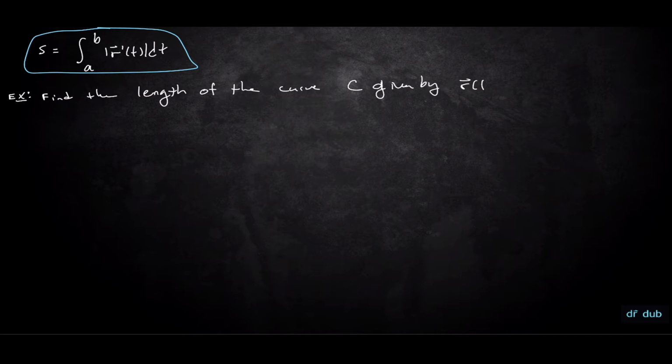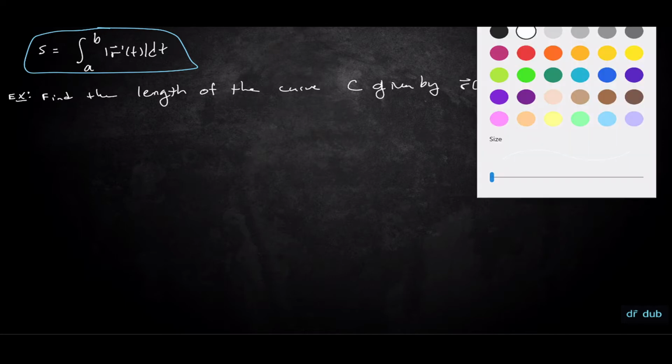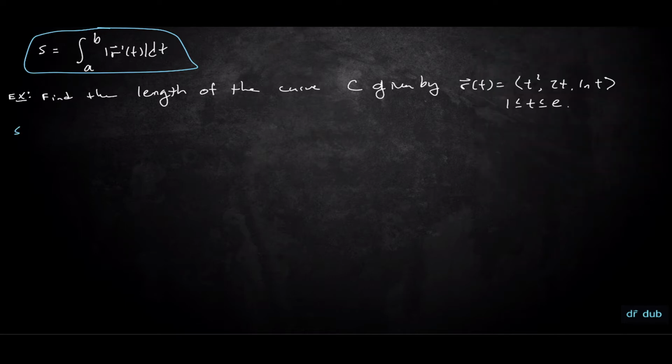r of t equals t squared, 2t, natural log t, and t goes from 1 to e. So that's our curve. I don't care what it looks like, to be honest. I can use the formula and calculate the length of the curve regardless. And that's the beauty of calculus usually, sometimes you get insight from doing the calculus versus graphing it initially.